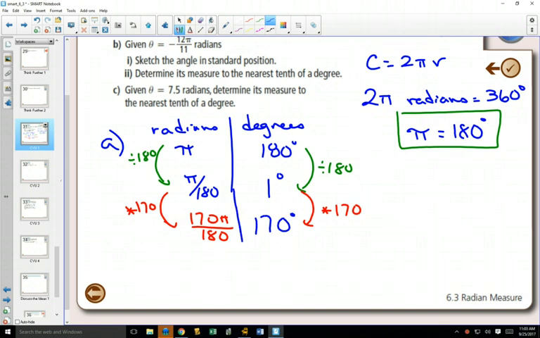So some people remember what 1 degree is. And if you remember what 1 degree is and you want to convert 170 degrees to radians, you just have to multiply by pi over 180.